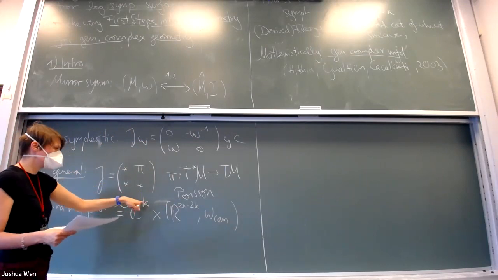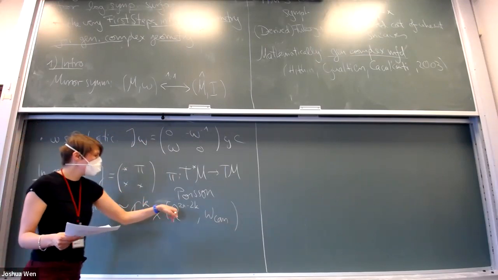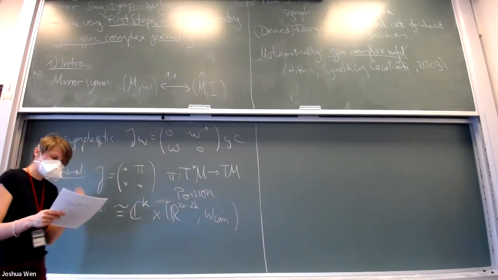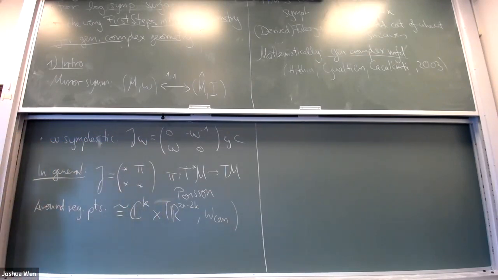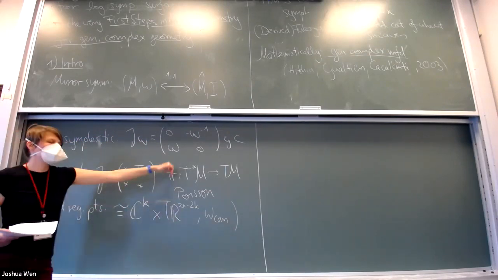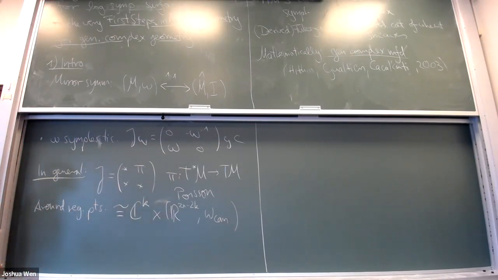And the dimensions of the complex space and the symplectic leaves can of course vary across the manifold. So you know, Poisson structures can be singular, they can jump in rank, and so can this.